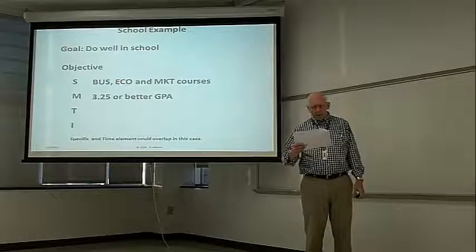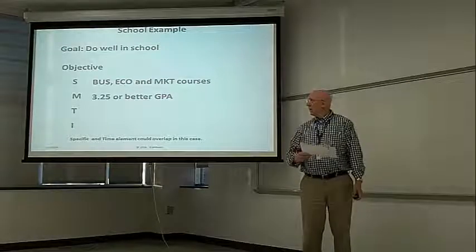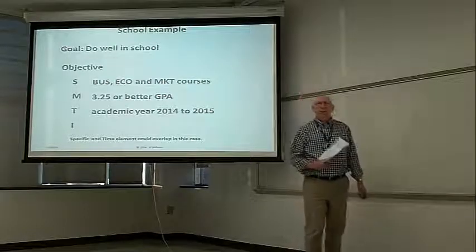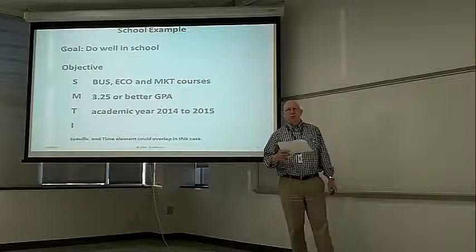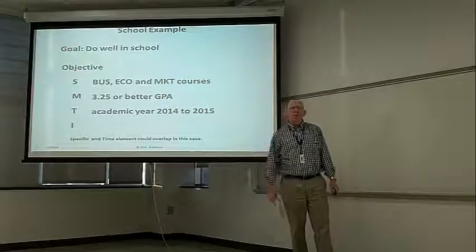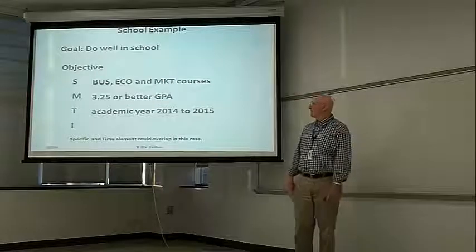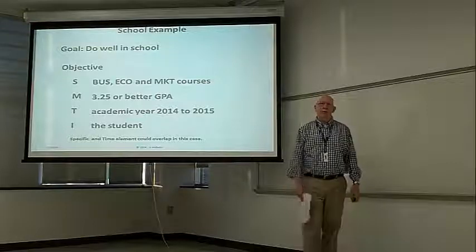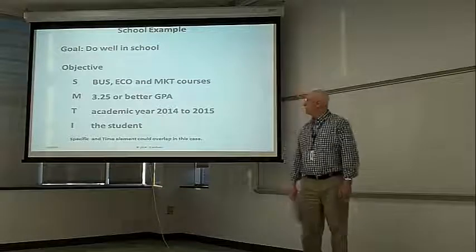They can nail us on that one if we don't make it. The academic year, 2014 to 2015, and I guess that includes fall and spring semesters. Not clear if it includes the summer or not, so maybe that's not as good as I thought it was. And the individual responsible, of course, is the student.